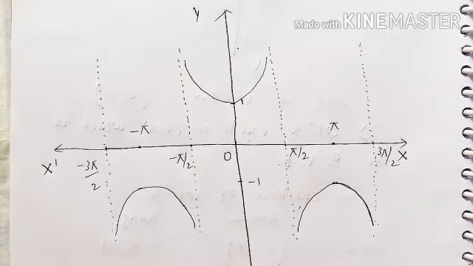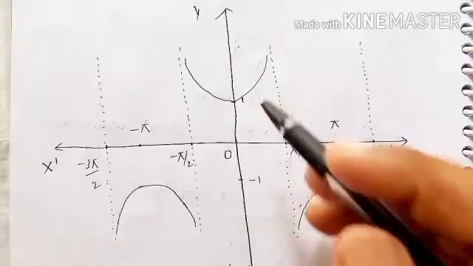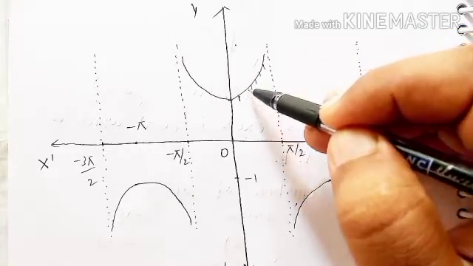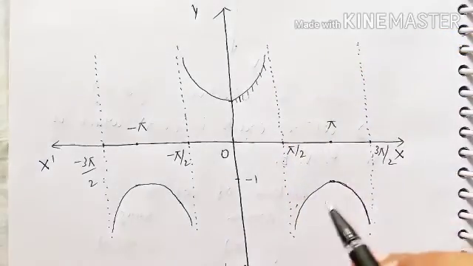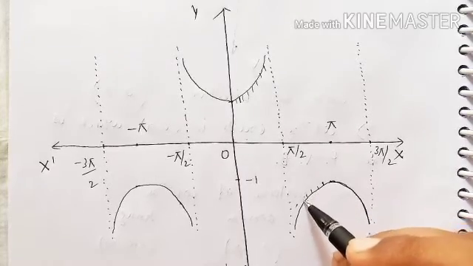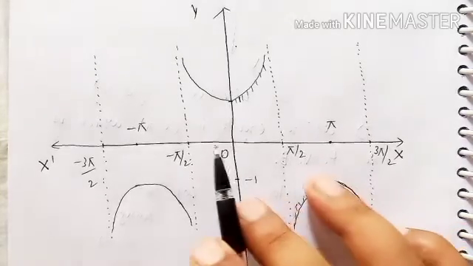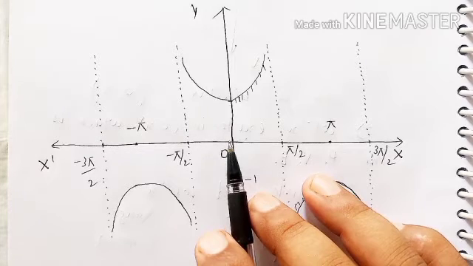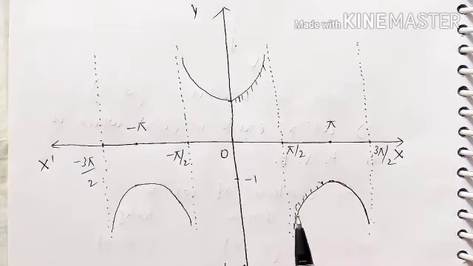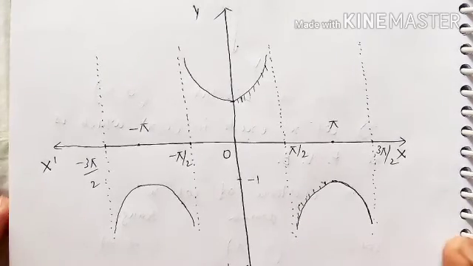Now we have to take the interval for bijectivity. So if we take the values from 0 to pi except pi by 2, because at pi by 2 it is undefined.